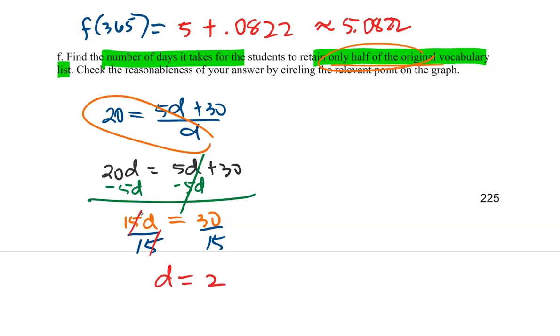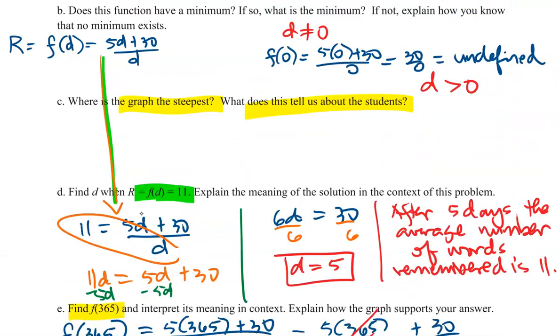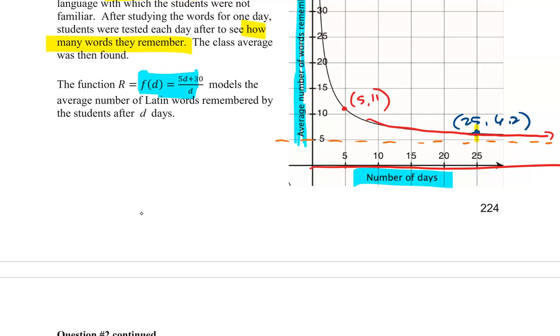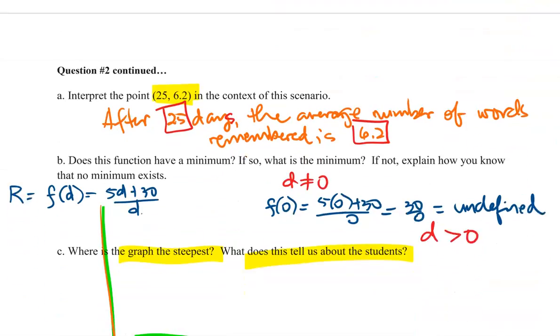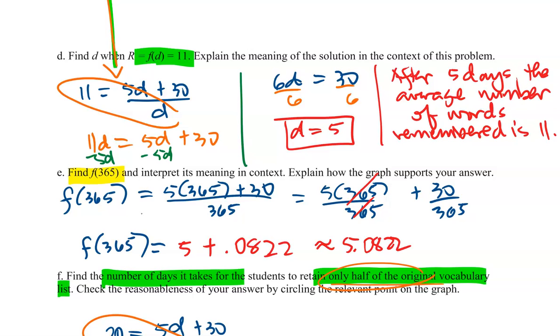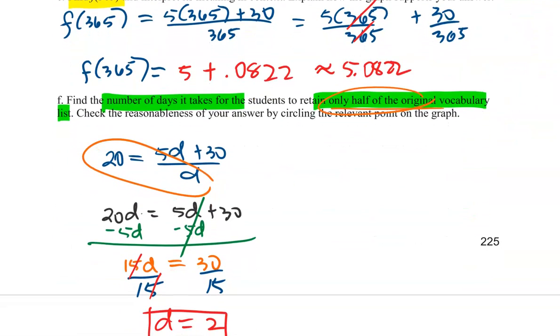So d is equal to 2. So if we go back to our graph here, this is 2 and 20. So the number of days is 2. And that means after 2 days, the average number of words remembered is 20.